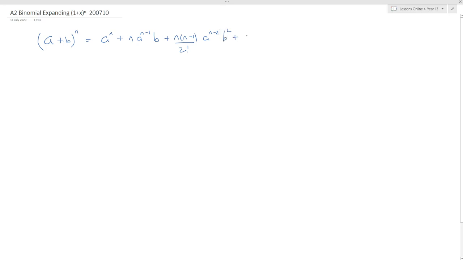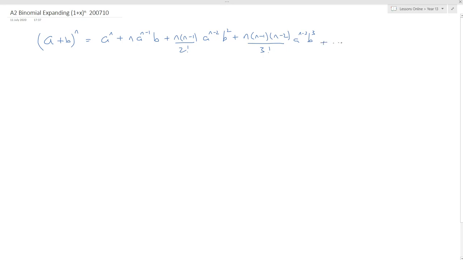plus n times n minus 1, n minus 2 over 3 factorial, a to the power of n minus 3, b cubed. Got 3, 3 and 3, so it increases by 1 for b and decreases by 1 for a.